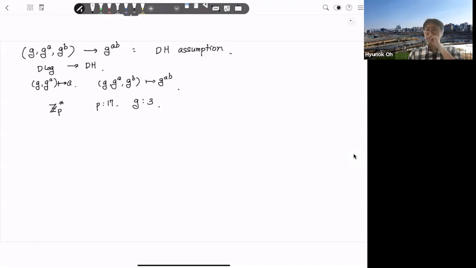Okay. So what you have to do is choose some random number, compute the large A, and then post it into the chatting window. Can you do it?